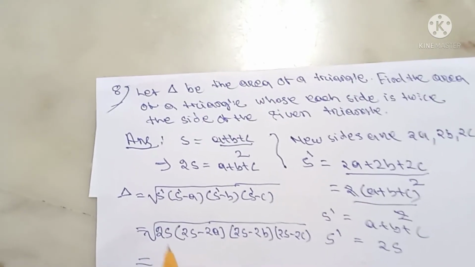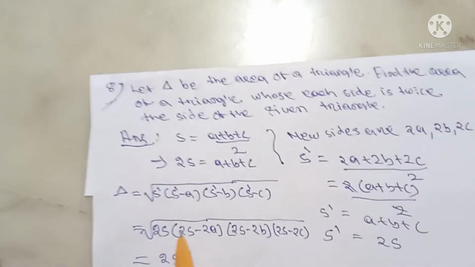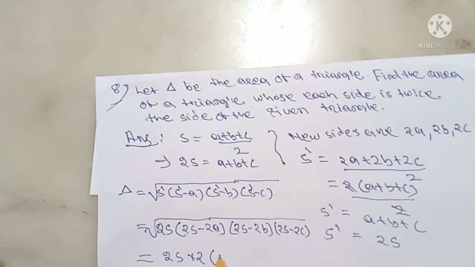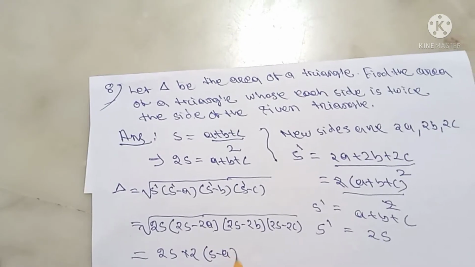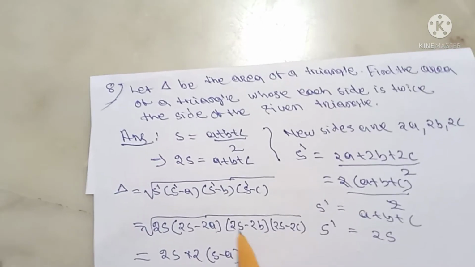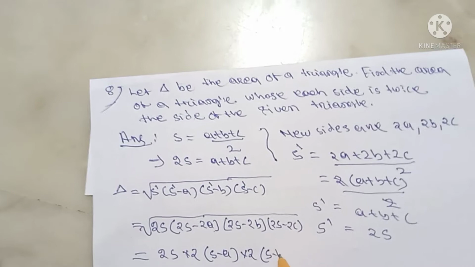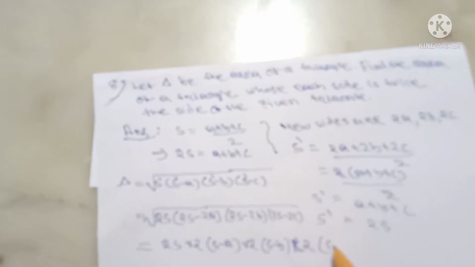Now 2S, take common 2 from this number, then S minus A. Now take 2 common from the 2 number, S minus B. Now take 2 common, then S minus C, whole root over.